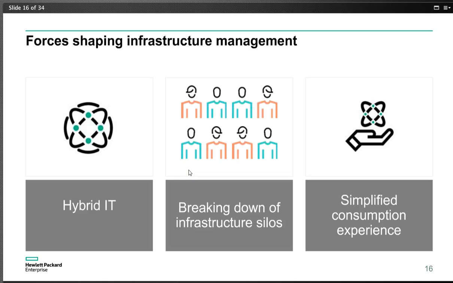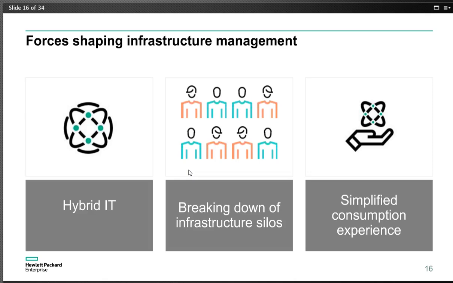But beyond that, also the consumption of use cases, the act of consuming infrastructure, whether it is provisioning it or patching it or ensuring its compliance, clearly needs to be much, much simpler than we have had in the past. So these are the forces that are informing how we move forward.